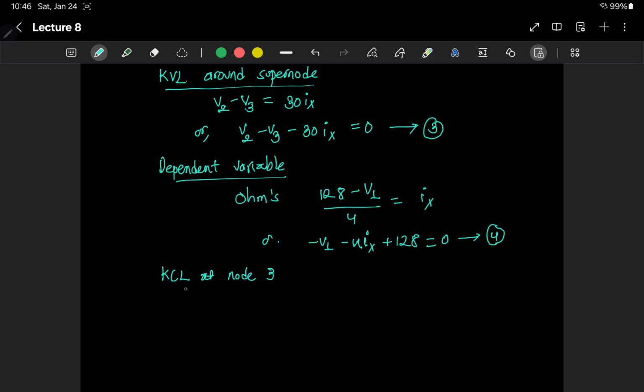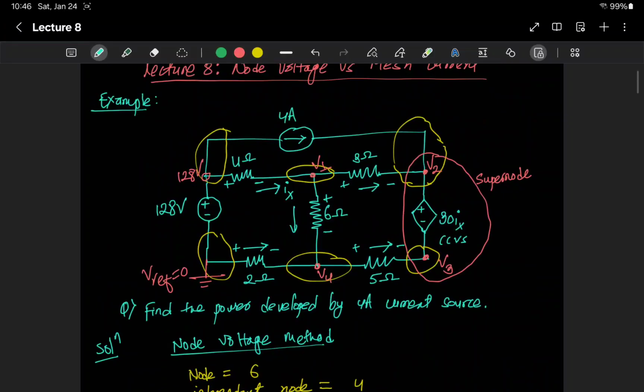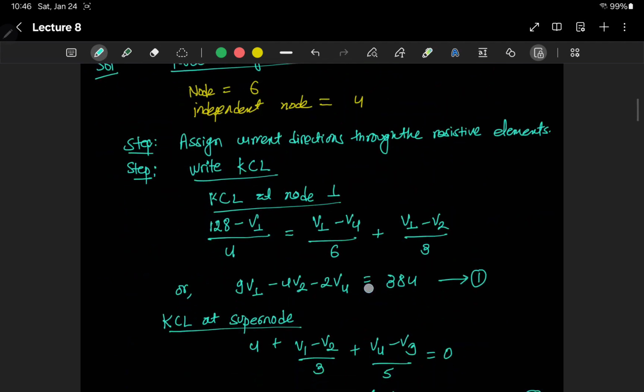We are trying to avoid the KCL at node 2 and 3 here, just because we have this dependent voltage source, which makes the equation complicated because we have to go through the supernode. And since we already used V1, now we can use V4 to get the extra equation.